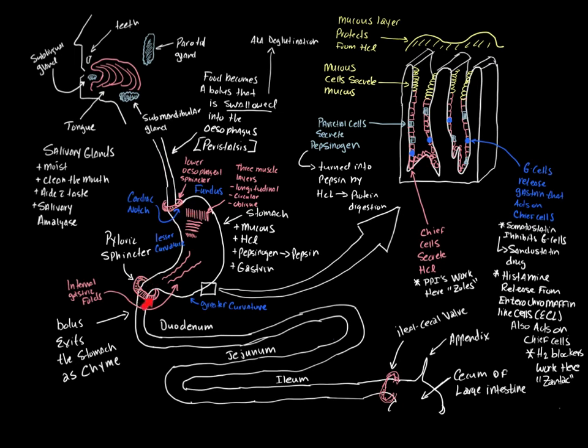And then you have another sphincter here called the pyloric sphincter, where the stomach transitions into the small intestines. And this area of the stomach is known as the pylorus, right? And this is a relatively common area for the development of ulcers, or what we call pyloric ulcers.